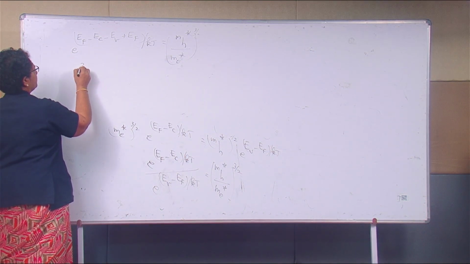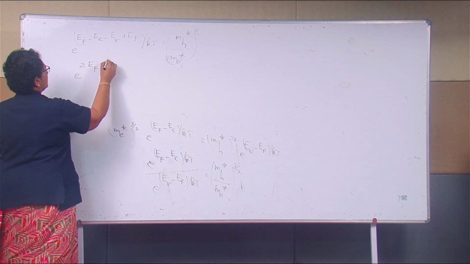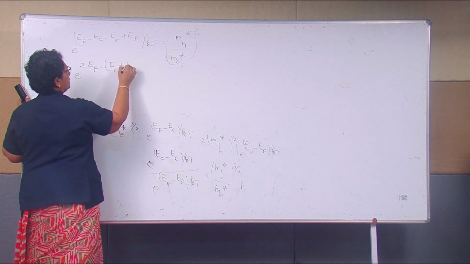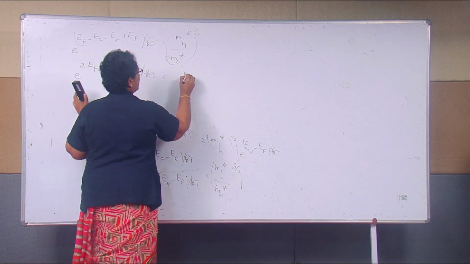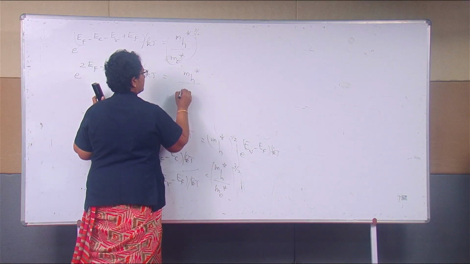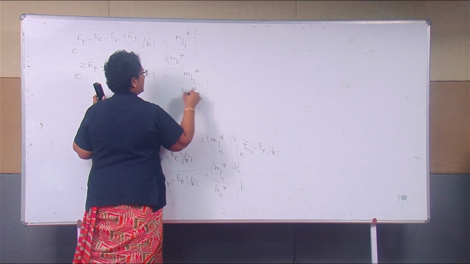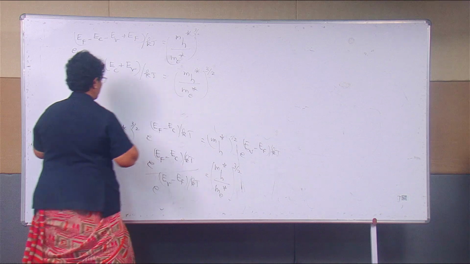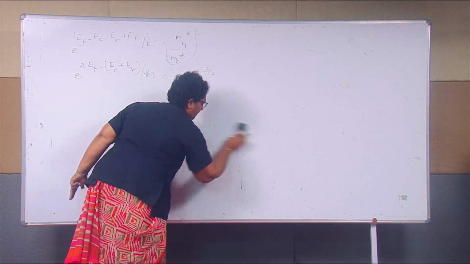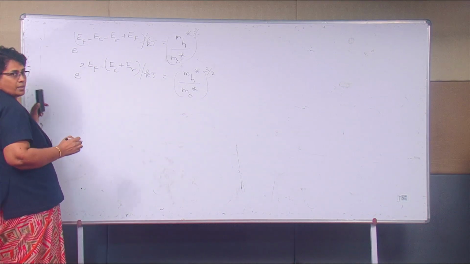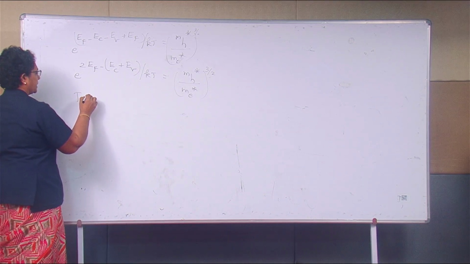So e to the power of 2EF is taken as a common thing. So minus EC plus EV by KT is equal to mh star by me star to the power 3 by 2. So now taking log on both sides.